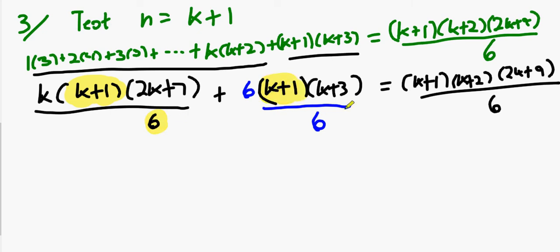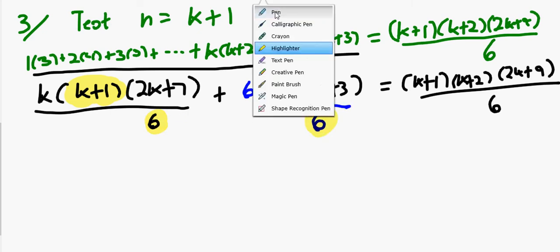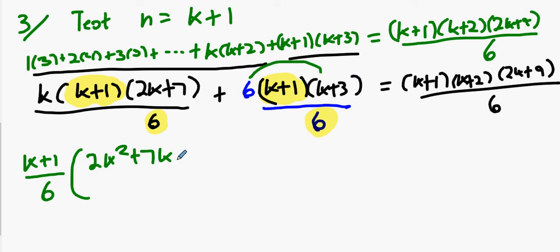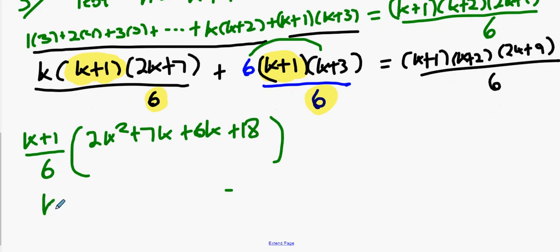That's going to be factorized out of both of those, okay? So it's going to be k plus 1 over 6, and then in brackets we're left with k times 2k plus 7, which is going to be 2k squared plus 7k. And on this side I only have the 6 by the k plus 3 left over, so that's going to be 6k plus 18, I believe.